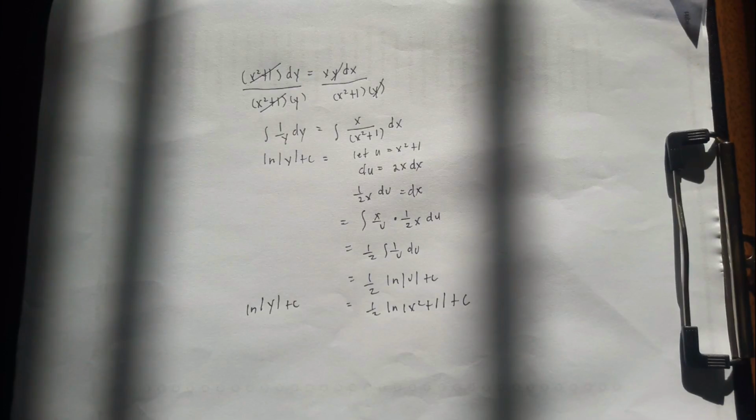The whole equation is the natural logarithm of the absolute value of y plus c is equal to 1/2 times the natural logarithm of the absolute value of x squared plus 1 plus c.